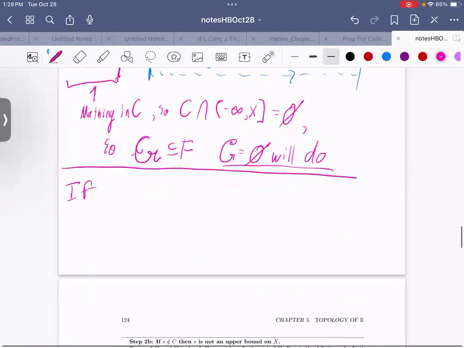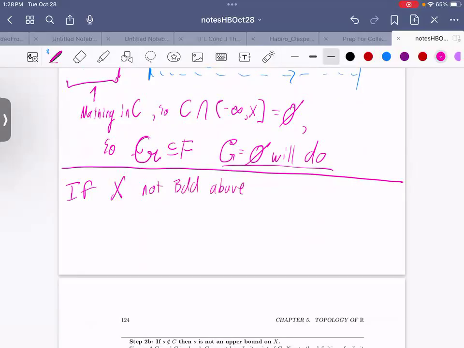So this isn't the proof that X is not bounded above. Let's see what would happen if X is not bounded above, then there exists some x in X such that x is bigger than the supremum of C. And I don't really care that that's the supremum, I just care that it's an upper bound.